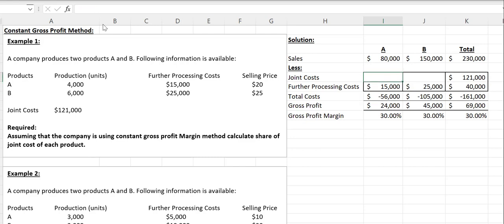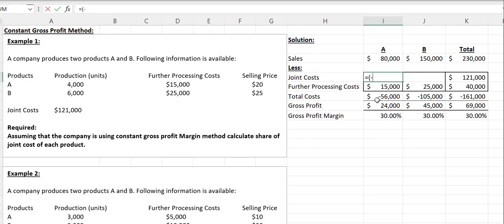If the total cost of this product is 56,000 and out of the 56,000, 15,000 is further processing cost, then what will be the share of joint cost? So the total is 56,000. So obviously we have to subtract 15,000 from 56,000 to find the balancing figure.